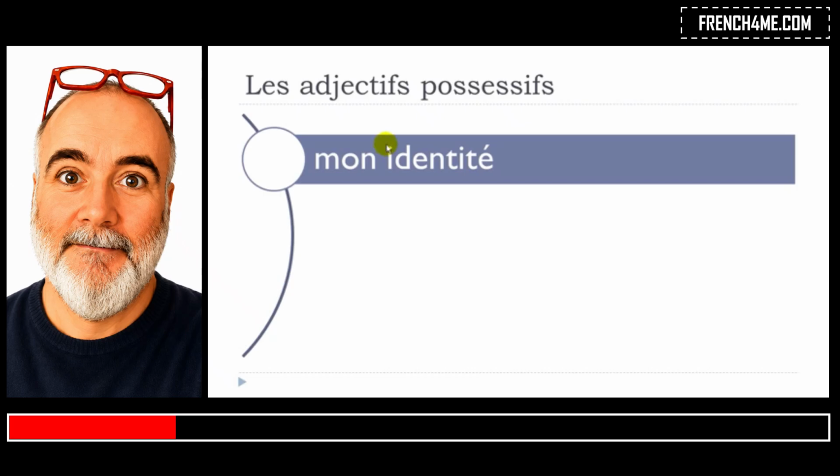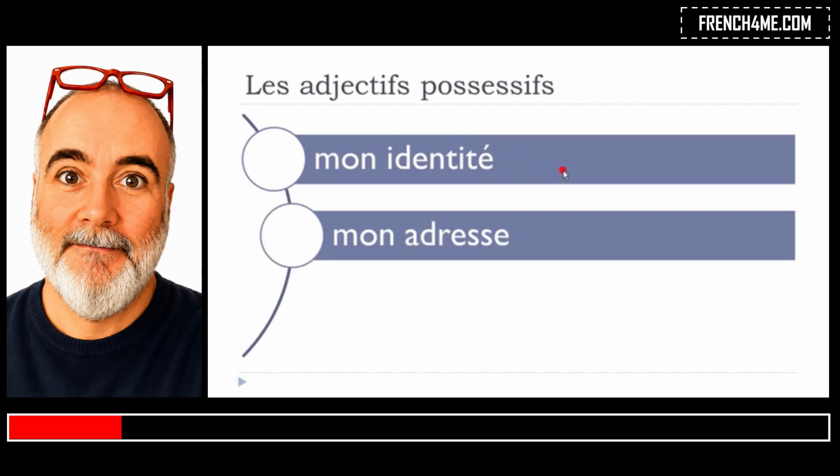So for that reason, we put the masculine adjective possessive. So remember, with feminine words that start with a vowel like I here, identité, you will have to use les adjectifs possessifs masculins, so the masculine form. So it goes like mon identité, so my identity, mon identité.